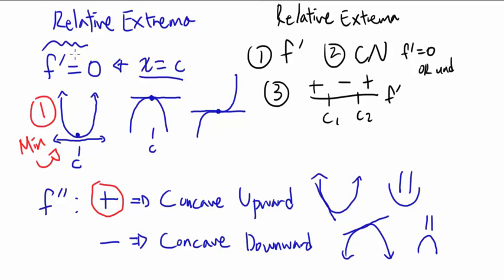If f prime is equal to 0 at x equals c, and f double prime is negative, you know the graph is going to be like an upside down U, and that's going to give you a relative maximum because it's going to be shaped like this. Okay, so if f double prime is positive at x equals c, where f prime is equal to 0, the graph has a minimum. If f double prime is negative, the graph has a maximum.